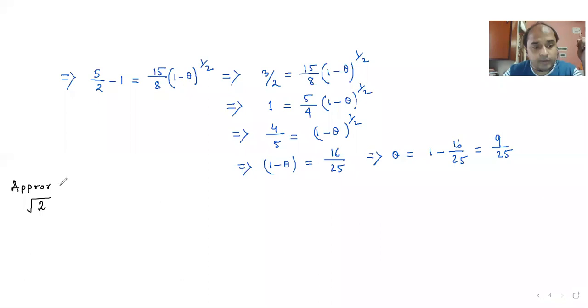If I ask you what will be the approximation of this number, we know root 2 is an irrational number, and from our childhood days we have come across that root 2 is approximately equal to 1.414 and so on. It is an irrational one.